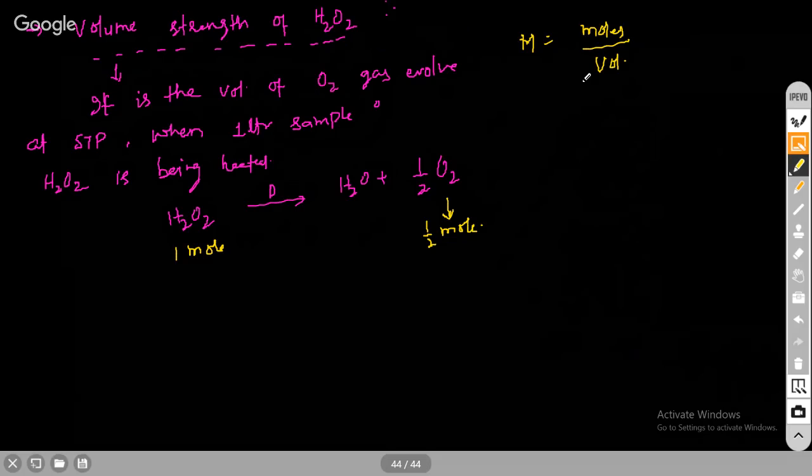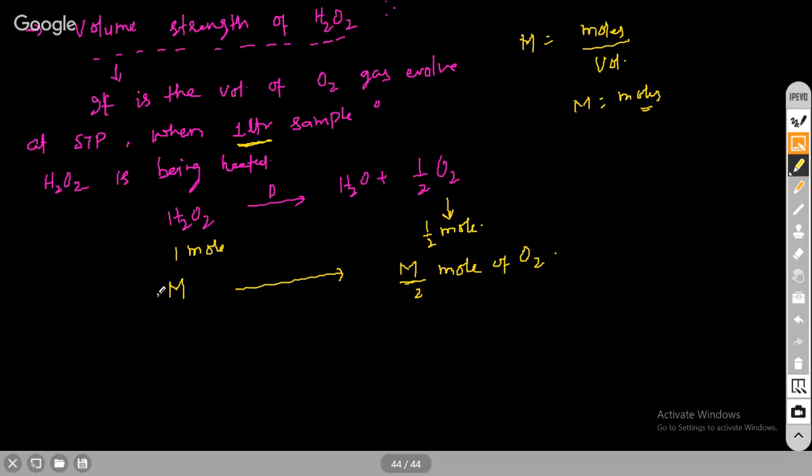So when you take M moles, where M is the molarity, this gives M by 2 mole of O2.